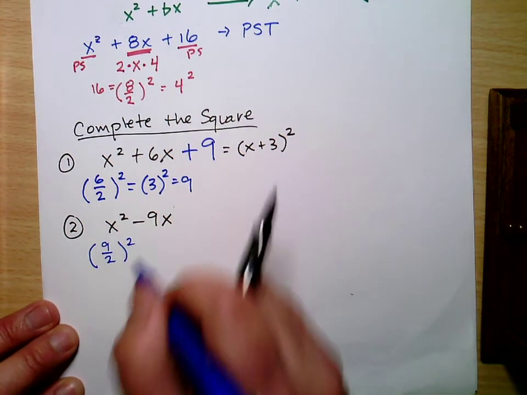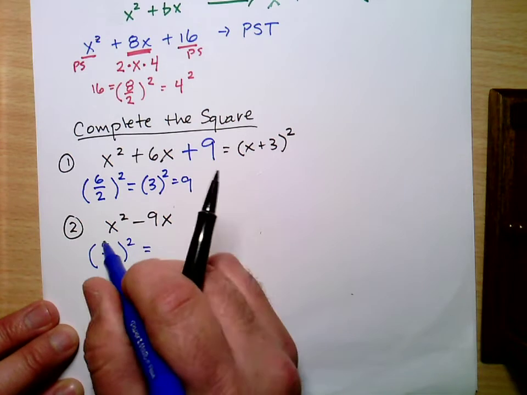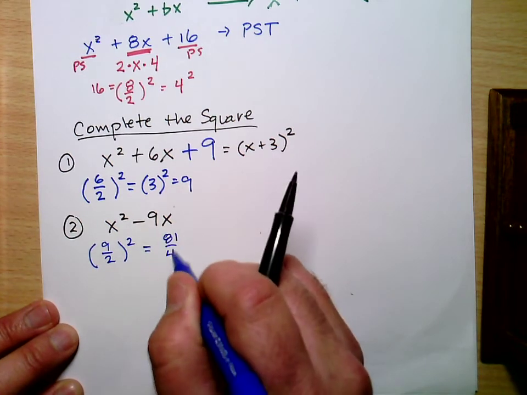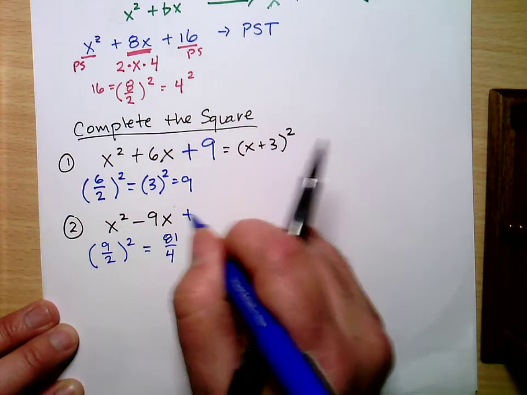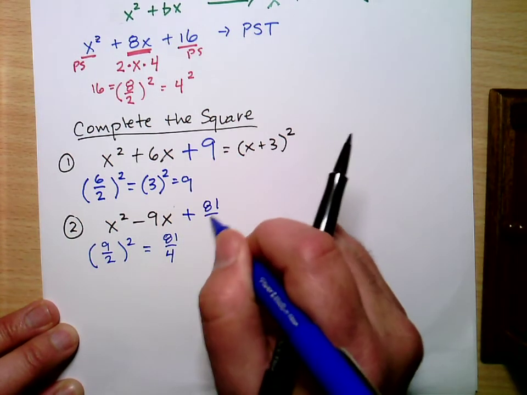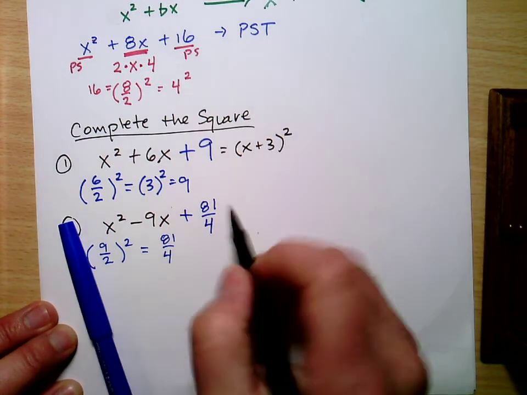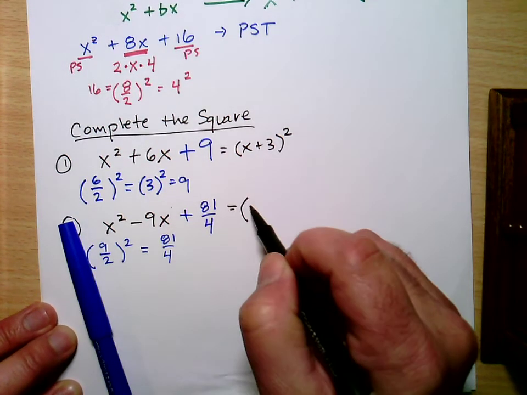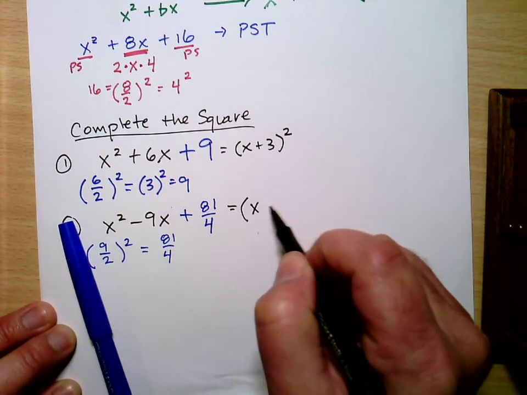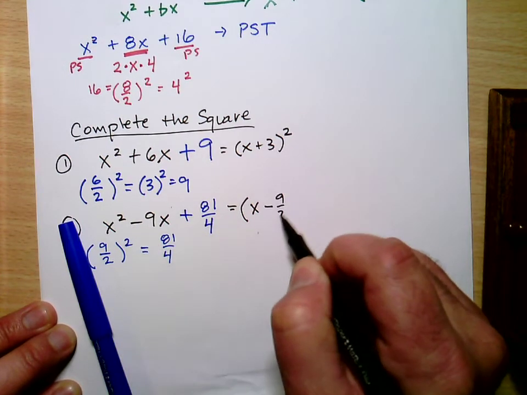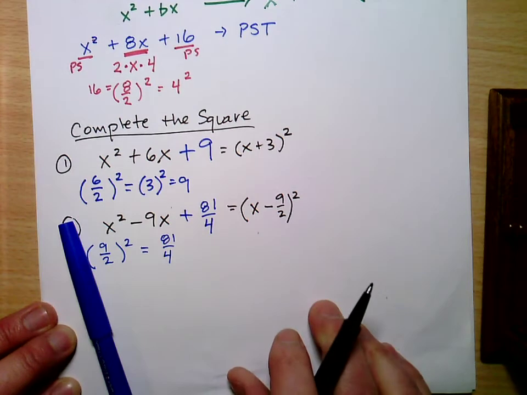We're just going to square each number, so we get 81 over 4, and that's it. We add that to the end of the expression, and now we have a perfect square trinomial. And if we wanted to factor it, it would be x minus, because this is a minus, 9 over 2 squared.